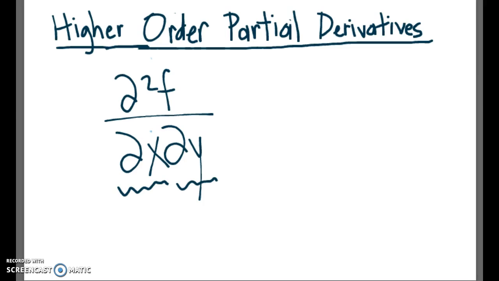Note that if the problem is written like this in the other type of notation, the y actually is on the left this time instead of the right. And in this notation, you would go from left to right in terms of partial derivatives. So you would take the y partial derivative first, and then you would take the x partial derivative second.